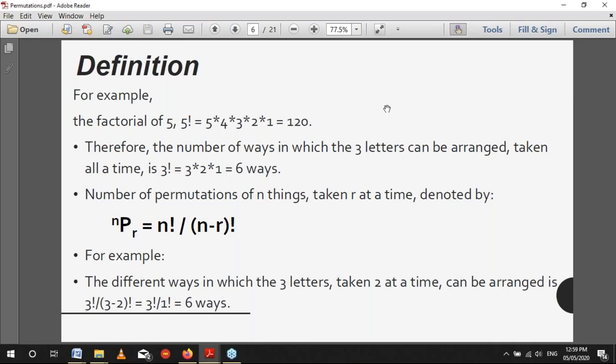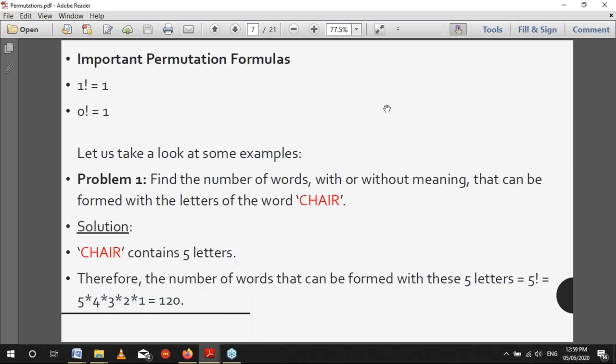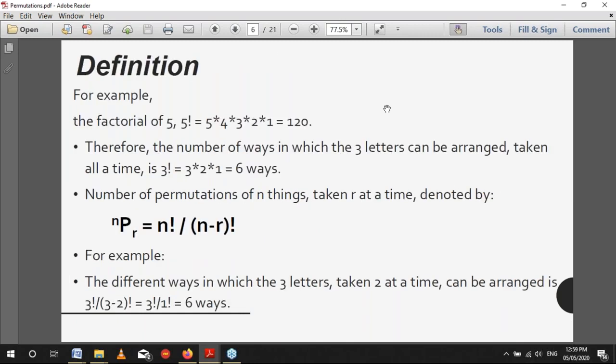If you look at the formula, in the place of n, you put 3, and in the place of r, you put 2. So when you go there, you find that you have 3 factorial all over 1 factorial. When you do your multiplication, you get your answer as 6 ways.